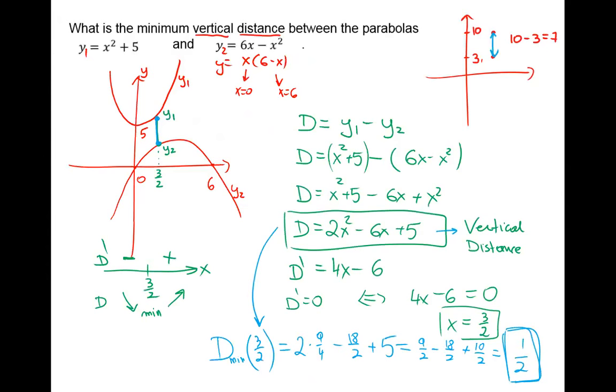Okay, the same concept, the same idea you can always apply for any optimization problem. Find a function that you have to minimize or maximize, find the critical points, test them, and then depends what they ask. If they're asking for the actual minimum or maximum value, plug that x into the equation that you found before the derivative.